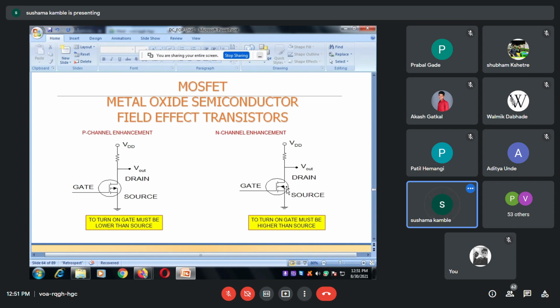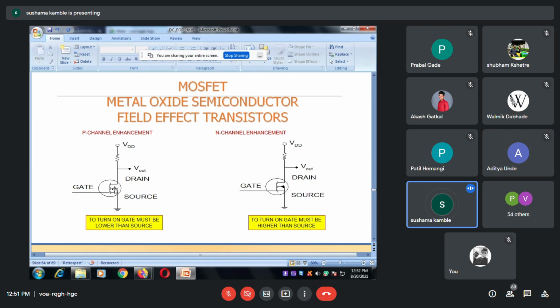Okay. We'll revise again when it is going to be on or off. See that this is a P channel enhancement MOSFET, and this is an N channel enhancement MOSFET. See the symbols properly. See the arrow for NMOS.